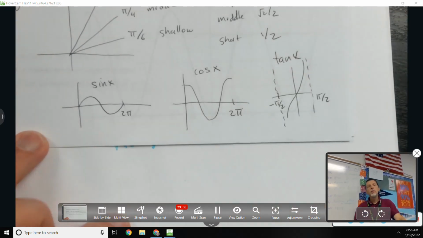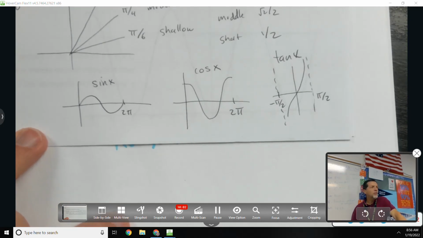And if you remember that much, then you can answer questions about period and asymptotes and maximums and minimums. You can start shifting things around with the A, B, C, D. But those are the parent functions.